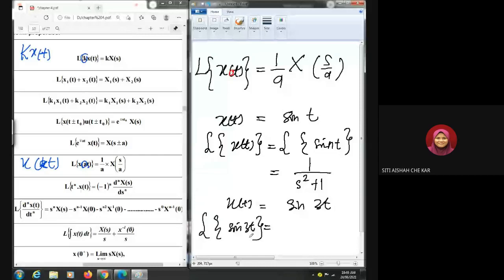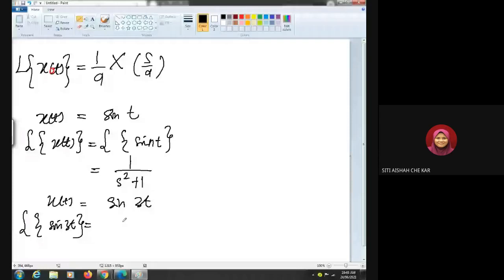So this one we can use this formula. We try use this formula. Okay. So the property said that whenever you have s, dekat mana ada s, you have to replace it. Okay. Yang ni kalau kita guna direct formula dia, kita dapat apa this one? Sin 3t. So automatically we will get an answer.